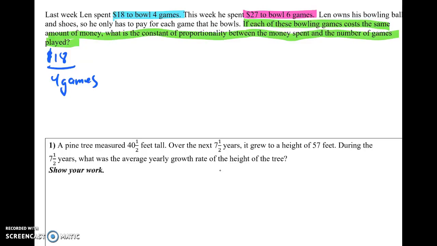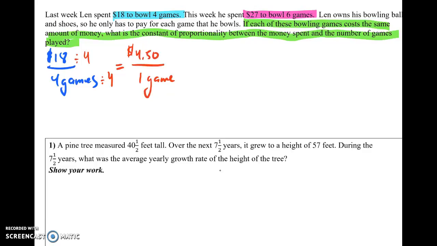The constant of proportionality is the same thing as the unit rate, so all I need to do here is find the unit rate. So divide the top and bottom by the denominator, and we get $4.50 for 1 game.